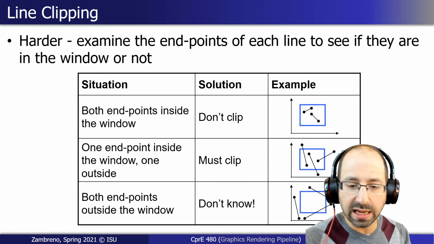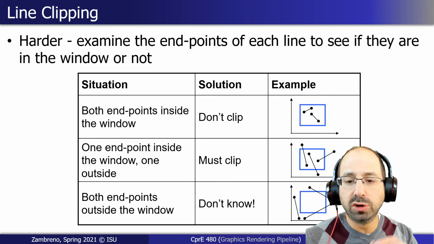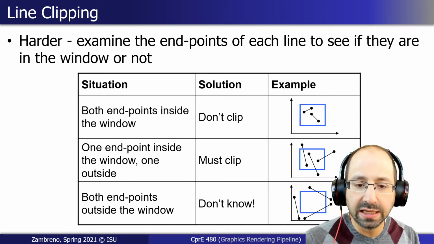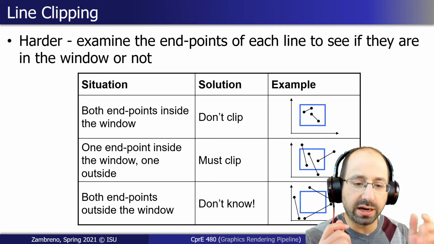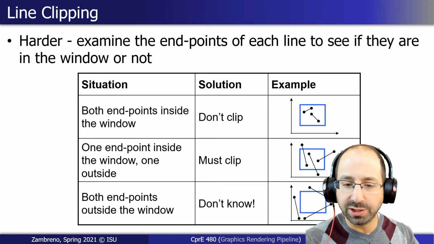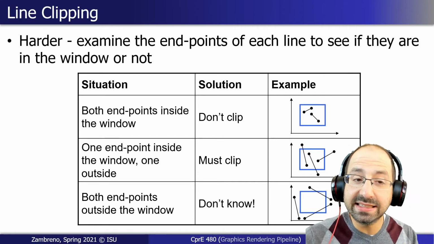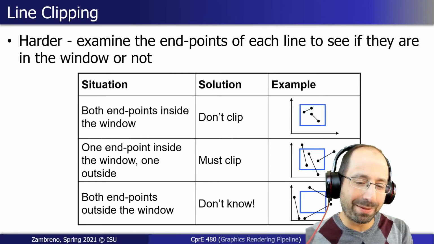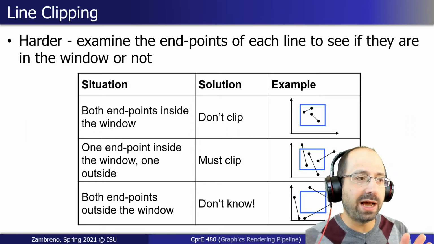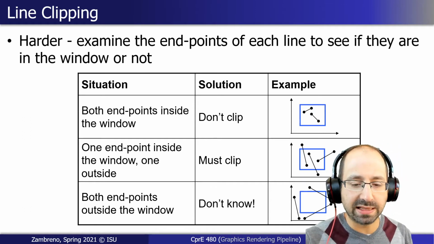For lines, I already talked about a couple of those special cases, right? But we can think of it in terms of looking at each endpoint individually. If both endpoints of a GL lines are inside the window, we're good. We continue on. If we have one endpoint on the line that's inside the window and one that's outside, we're also good in the sense that we know we have to clip. We know it's a partial line segment that we're going to wind up wanting to draw for that particular line that's specified.